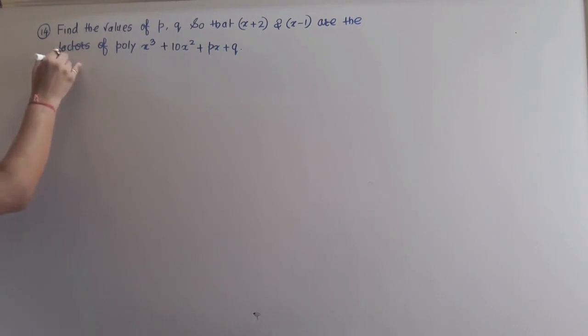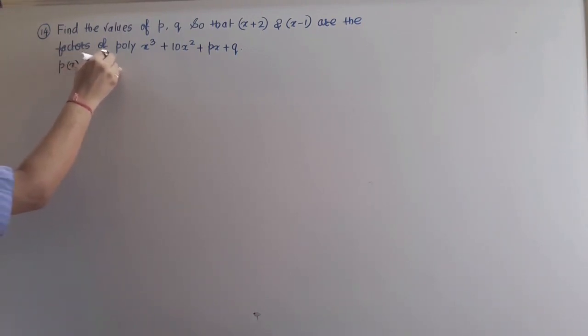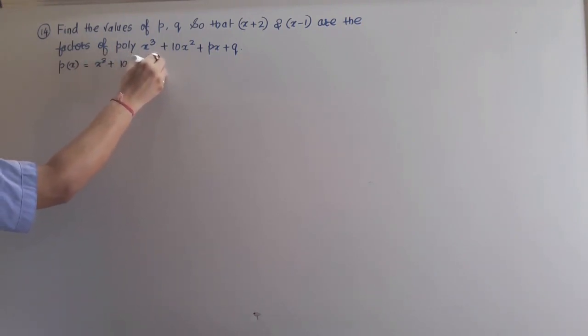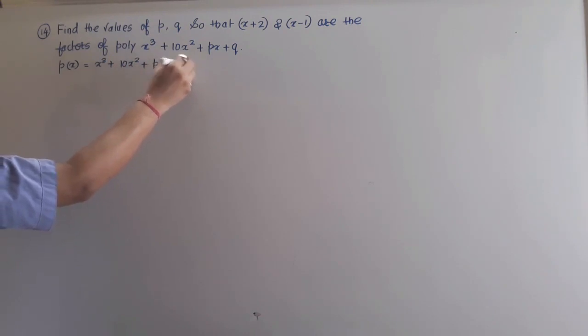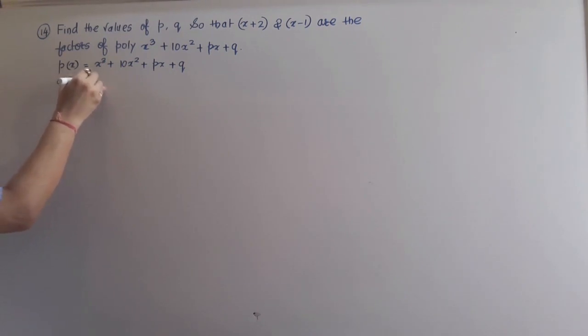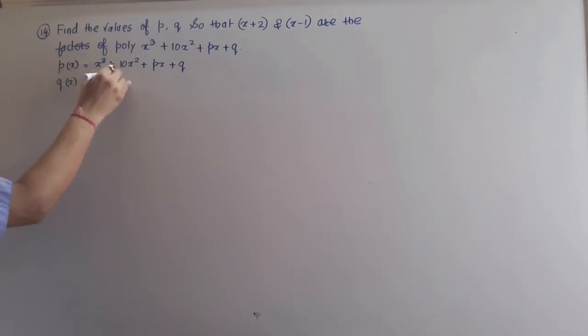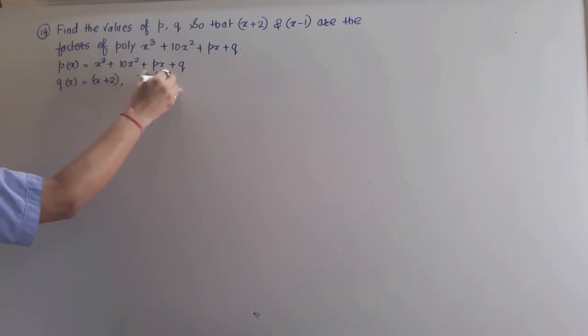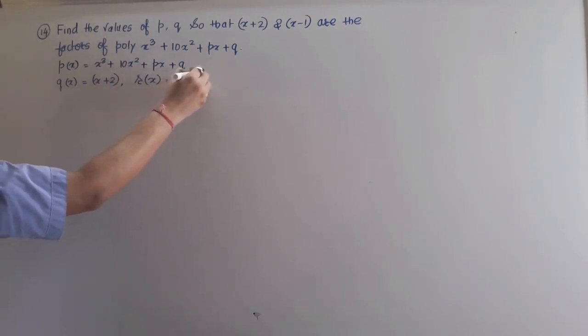First, I will suppose p of x is equal to x cube plus 10x square plus px plus q. And second, I am supposing q of x, the first divisor, that is x plus 2, and second I am supposing the divisor r of x is equal to x minus 1.